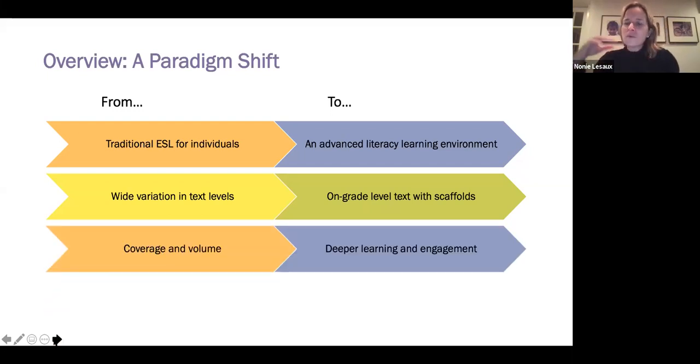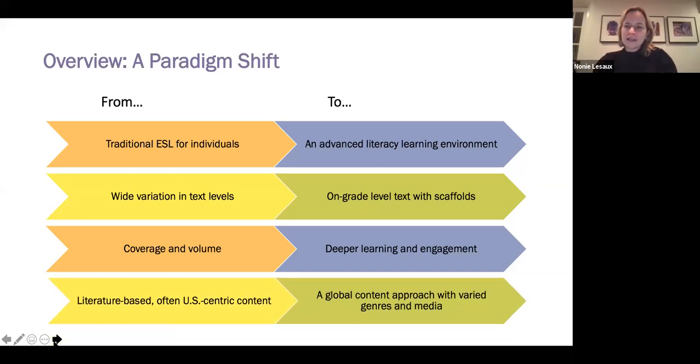We are also moving from a model that often prioritizes, for all kinds of good reason, what I think of as coverage and volume, and going now to the deeper learning and engagement, the sort of less is more kind of approach to our instruction and our instructional materials.